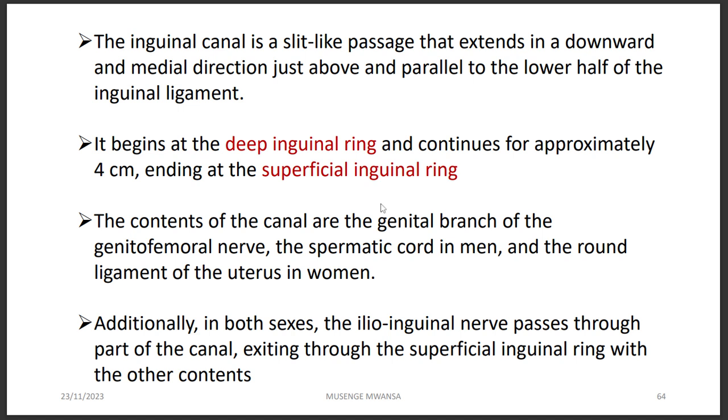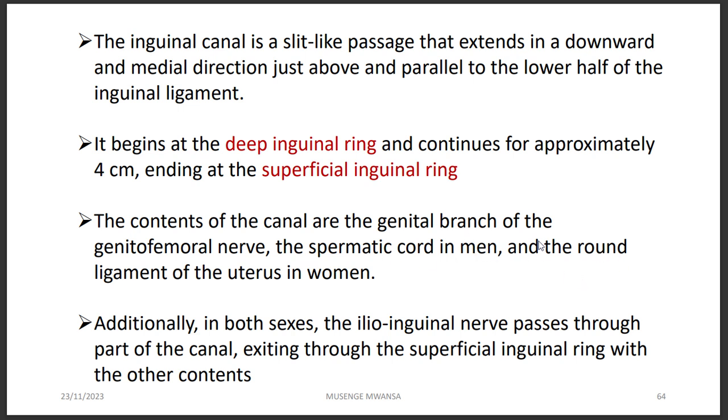What are the contents? What things pass through this inguinal canal? A genital branch of the genitofemoral nerve. Not the genitofemoral nerve itself, but the genital branch of it, because this nerve has the genital branch and then the femoral branch, but specifically the genital branch. You also have the spermatic cord, which has a lot of contents, we shall see.